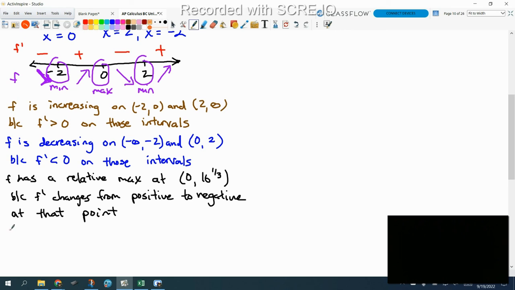And lastly, f has, not a, because there's 2 of them, f has relative minimums, maybe minima.